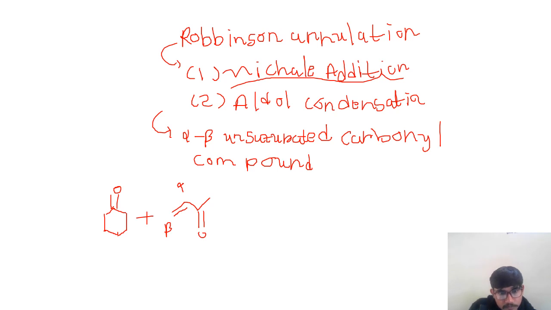What happens in case of Michael addition? First, it will form a carbanion. So here there is one hydrogen. The electrons of this carbon hydrogen bond will be taken up by this carbon, and it will generate a carbanion.